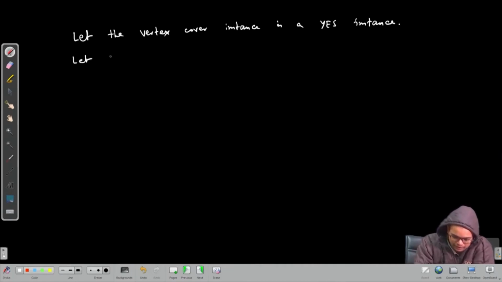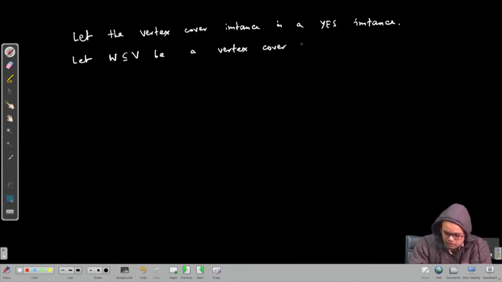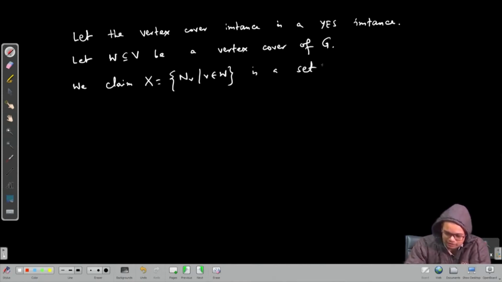Let W subset of V be a vertex cover of G. We claim that this set X equal to the neighborhoods N(v), where v varies in W, is a set cover for U. Prove by contradiction.